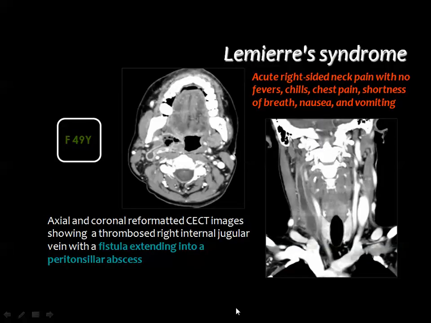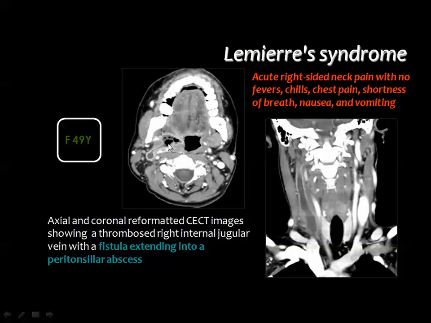And this is an example of a female, 49 years old, with acute right-sided neck pain, and she has some fever and chest pain, shortness of breath, nausea, and vomiting. There is a collection in the region of the tonsil, and this collection contains air loculi and is marginally enhancing.